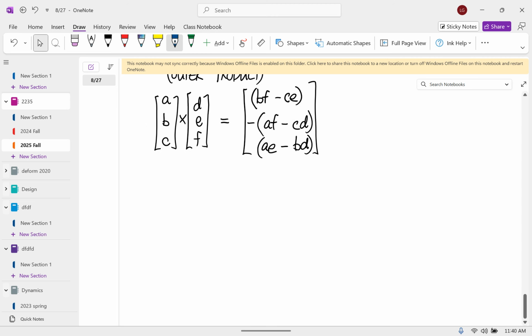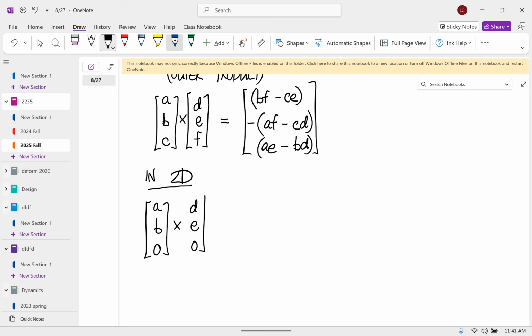One thing I want you to notice is in 2D, so let's say that we have the vectors A, B, 0, and we're crossing it with D, E, 0. So those are two-dimensional vectors.